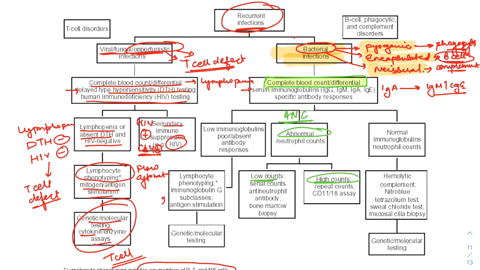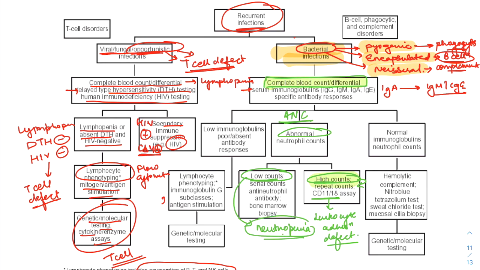The high counts, if present, we have to repeat the counts, and we have to check for CD11-18 assay that detects a leukocyte adhesion defect. Right, this is in the presence of high counts. But if there is presence of low counts, that detects a neutropenia.